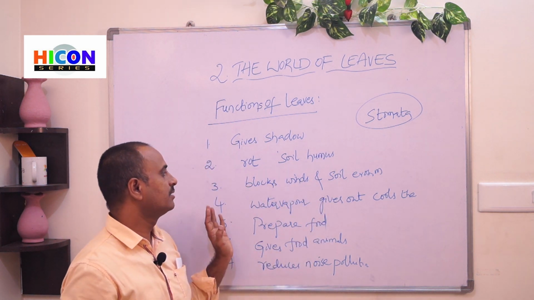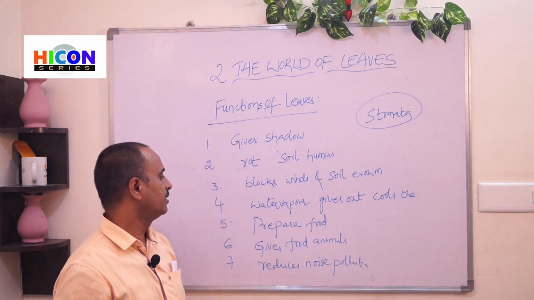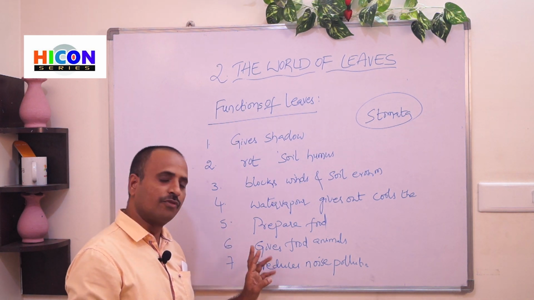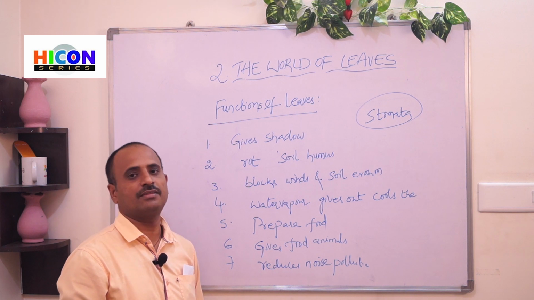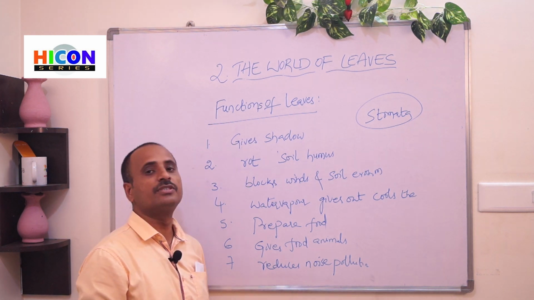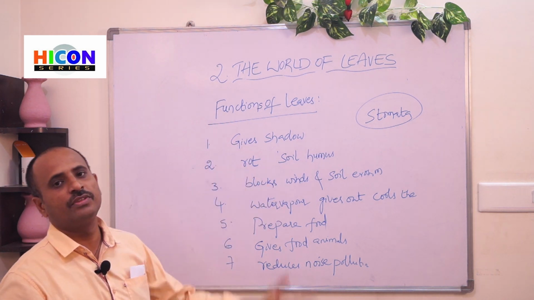Another one is giving out water vapor, which cools the surrounding environment. Another one is preparing food for the plant, and giving food for the plant eaters, that means herbivorous animals. And another one is reducing noise pollution in our surroundings. So children, these are the functions of the leaves.